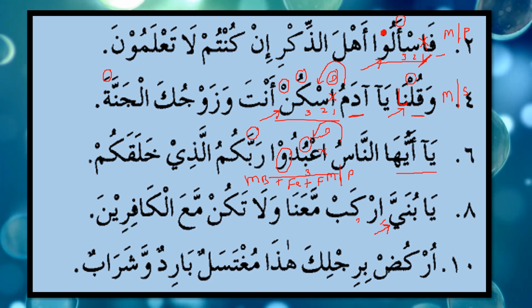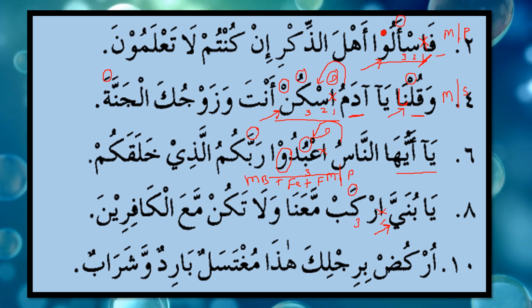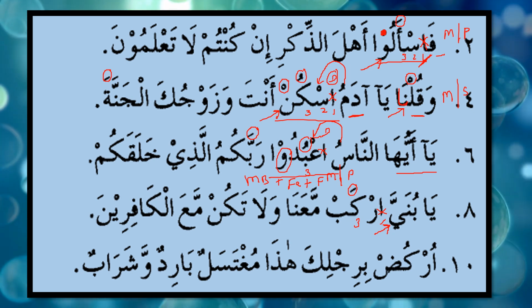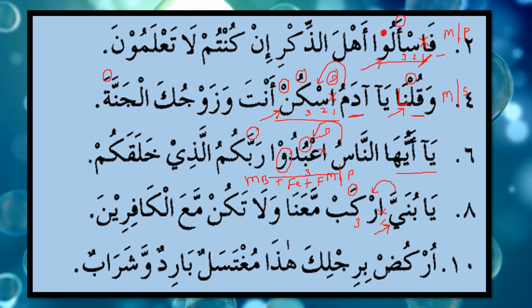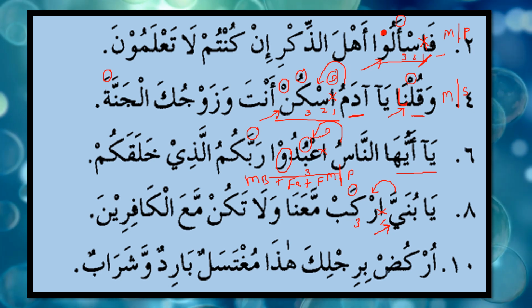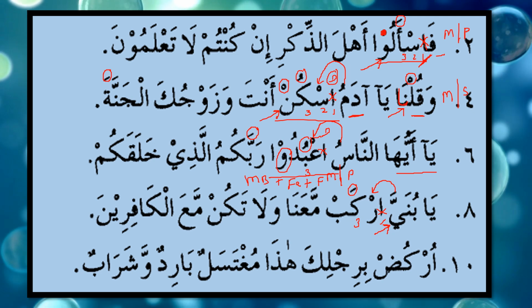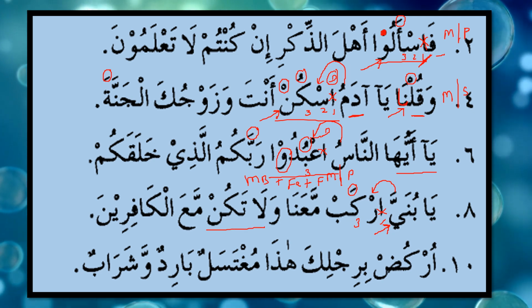The third letter has a fatha. So it's irkab, but we will omit it and read as ya bunayyarkab, from the fatha straight to the ra. Ma'ana means irkab, ride, come with us. Ma'ana, come with us. Wala takun, and there is also a command, the negative command.